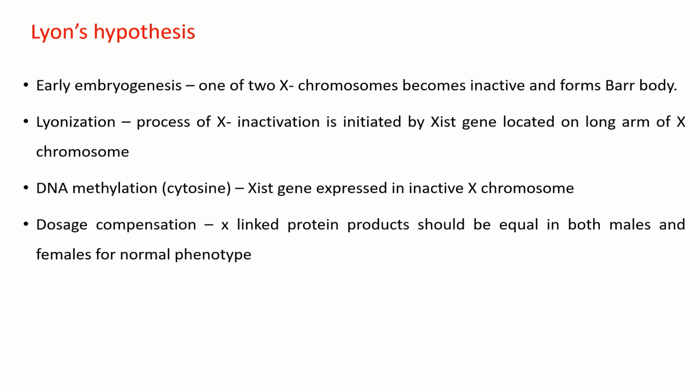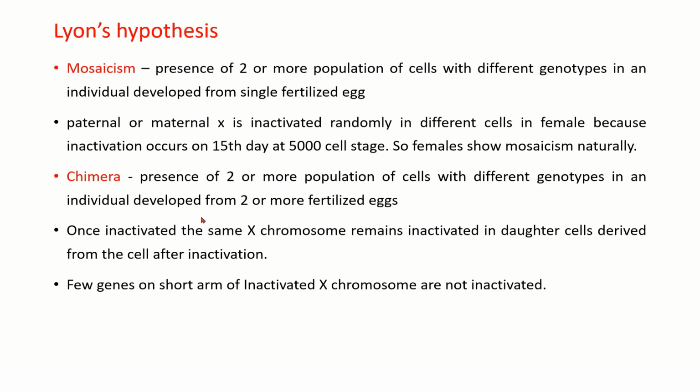That is, X-linked protein product should be equal in both males and females for normal phenotype. So what is actually happening here is, either paternal or maternal X is inactivated randomly in different cells in females, because inactivation occurs on 15th day at 5000 cell stage.